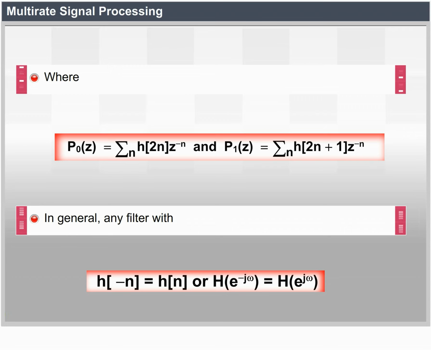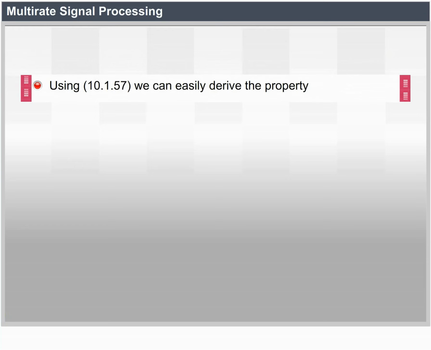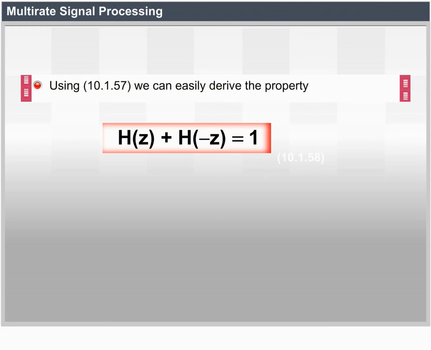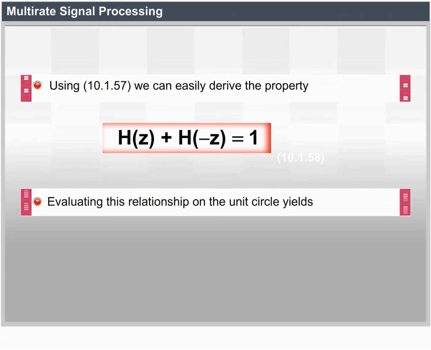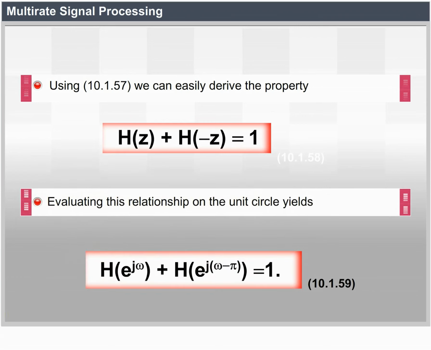Using 10.1.57, we can easily derive the property H(z) + H(-z) = 1, which is equation 10.1.58. Evaluating this relationship on the unit circle yields H(e^jomega) + H(e^j(omega - pi)) = 1, which is equation 10.1.59.